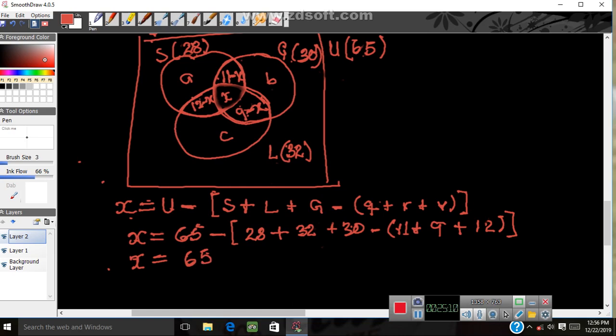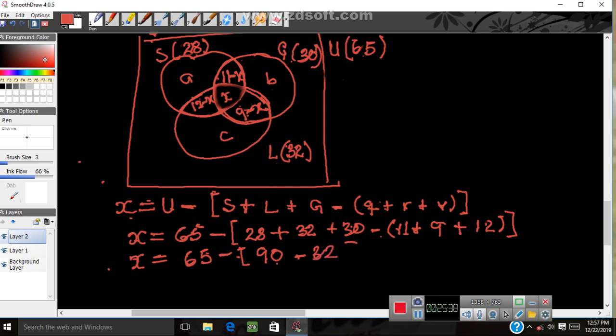65. Then minus. Now, still in the bracket, 28 plus 32 is going to give me 60. Plus 30 will be 90. So I've got 90 here, minus. We are coming to the smaller bracket. 11 plus 9 is 20, plus 12 will be 32. So we're going to have 90 minus 32.